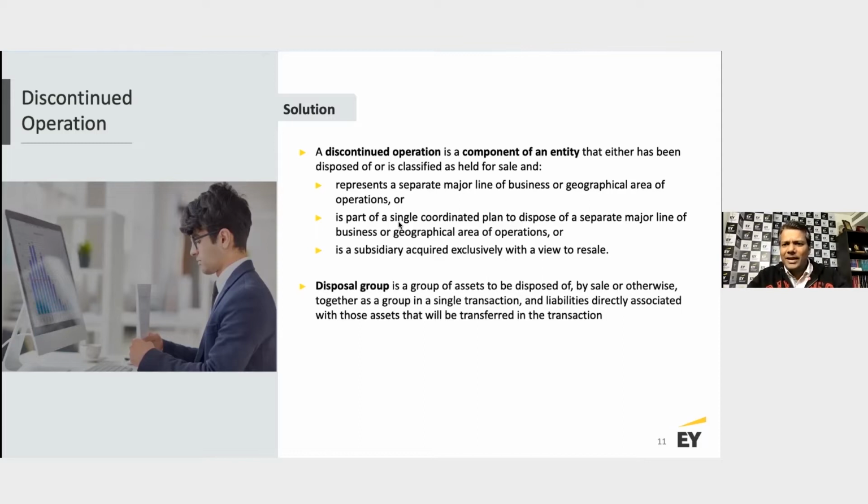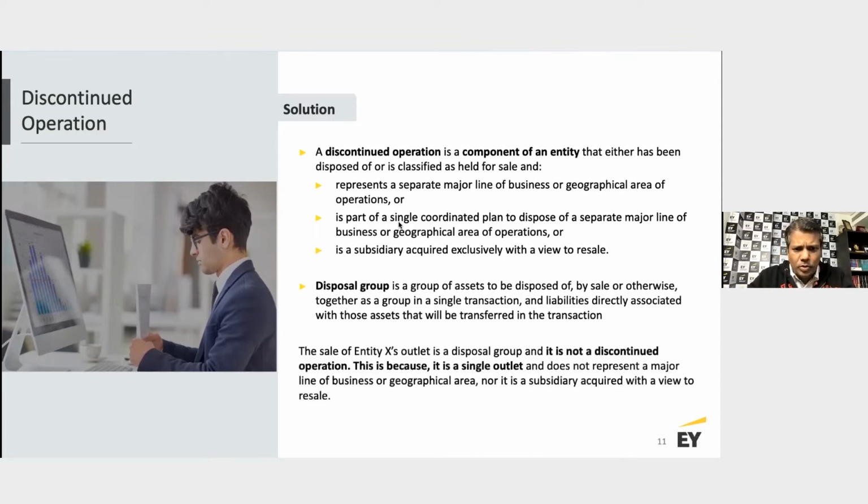So it forms part of a disposal group, no doubt about that, but it is not a discontinued operation. Why? Because it is a single outlet and does not represent a separate major line of business or geographical area, nor is it a subsidiary acquired with a view to resell. I hope this is clear to all of you. I'm hoping this is fairly simple.